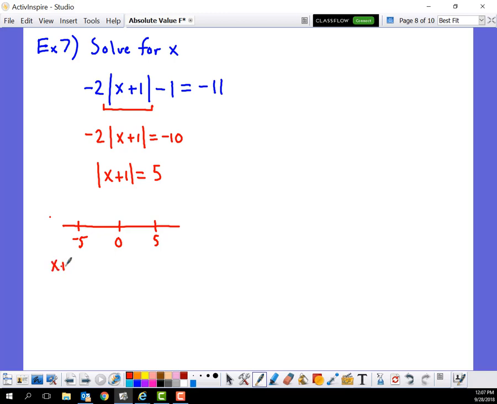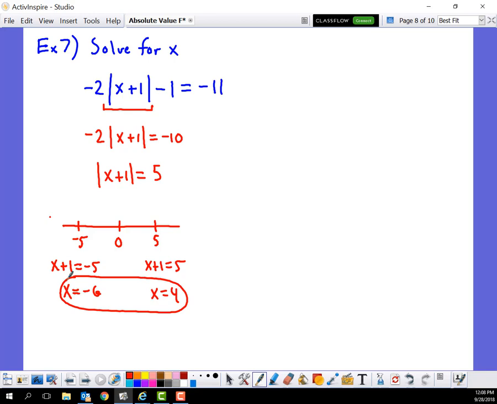And then I take the inside of my absolute value and I set it equal to -5 and +5 and solve from there. So I get x equals -6 and x equals 4 as my two answer choices.